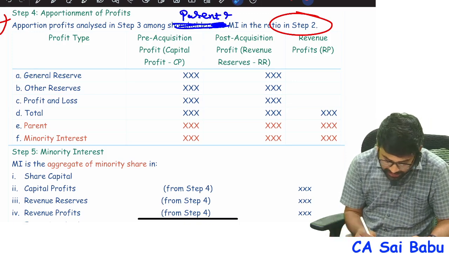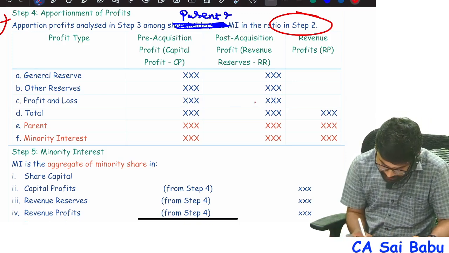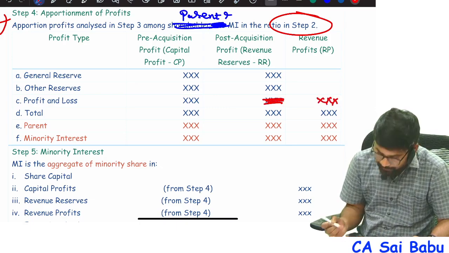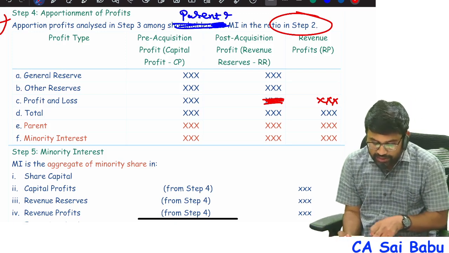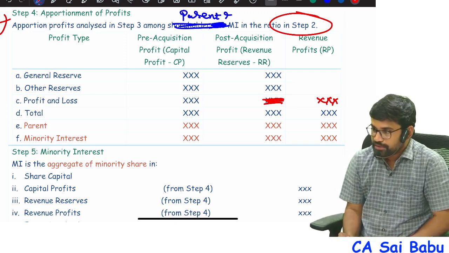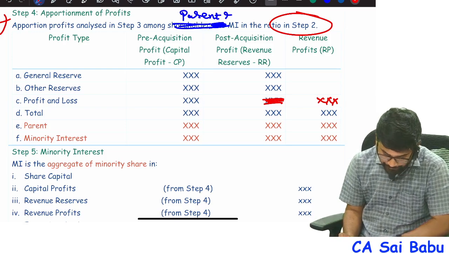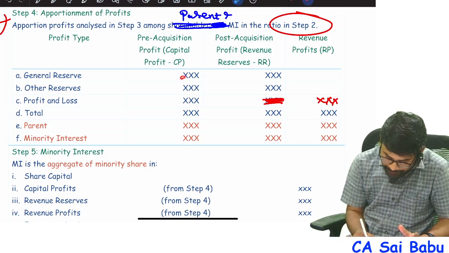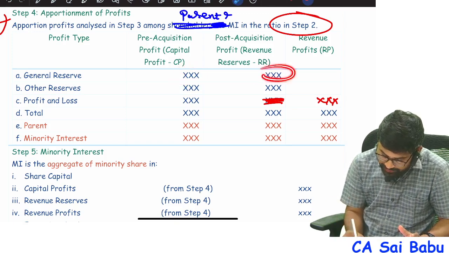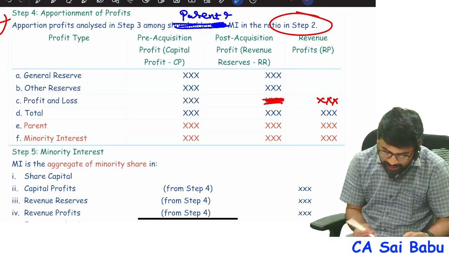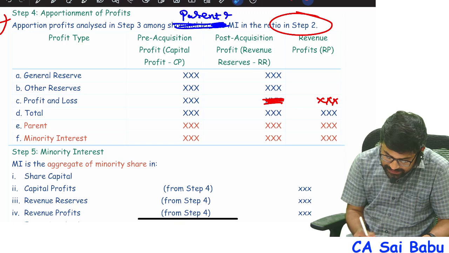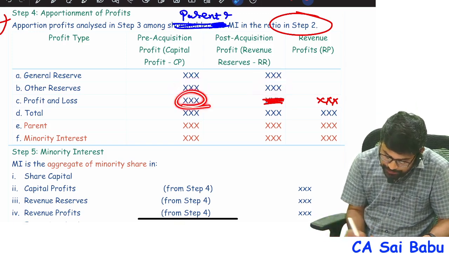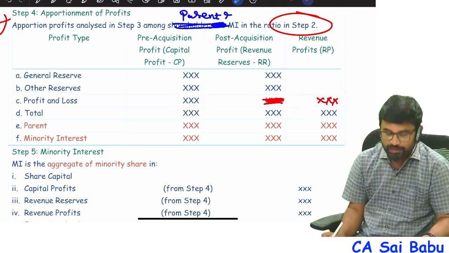The amount should come under revenue profit, because P&L account is revenue profit. General reserve, obviously, pre-acquisition, post-acquisition, revenue reserve. Any other reserve also the same. Now make a total.